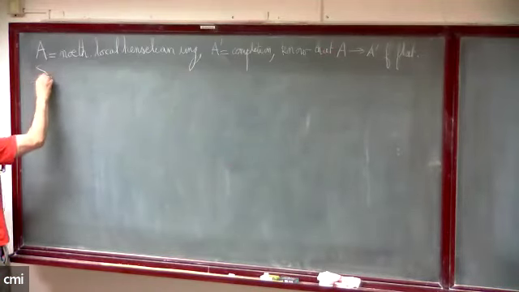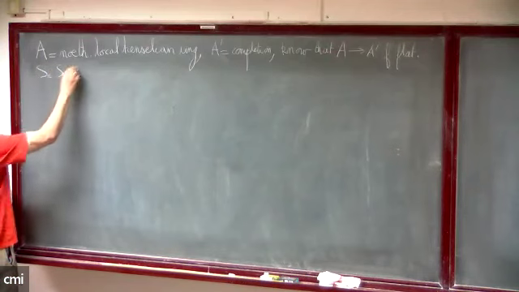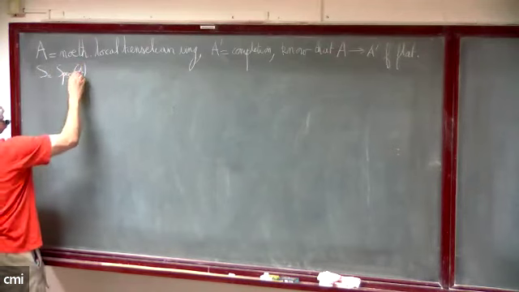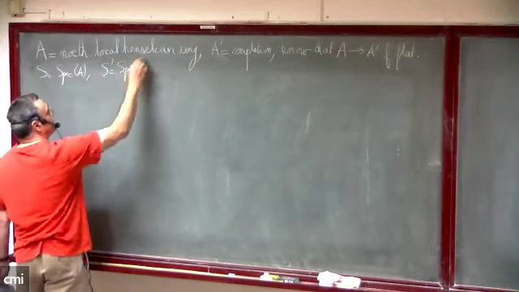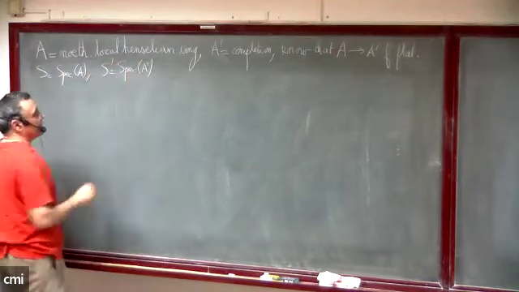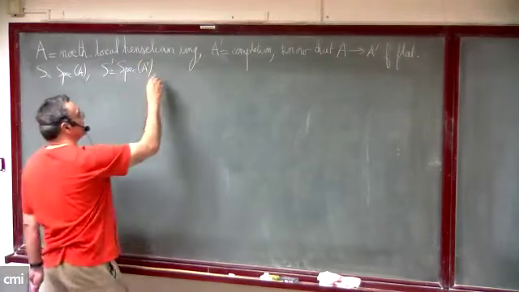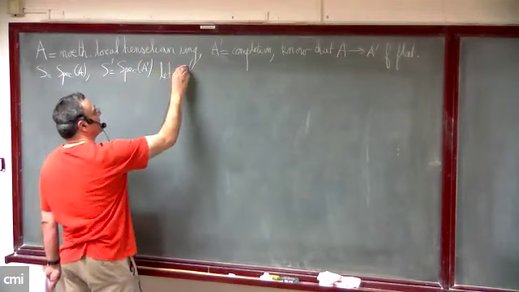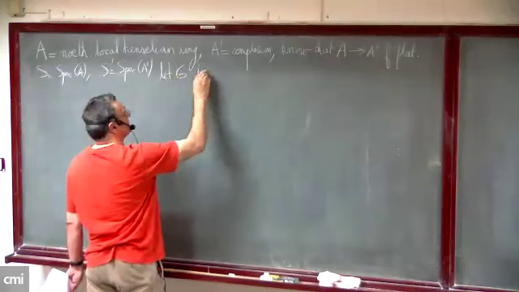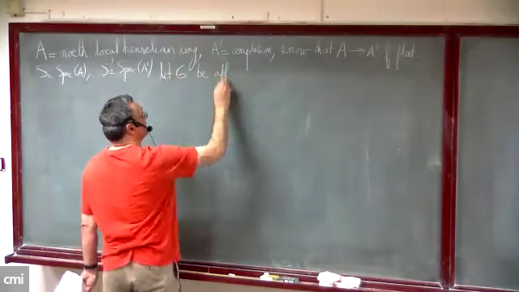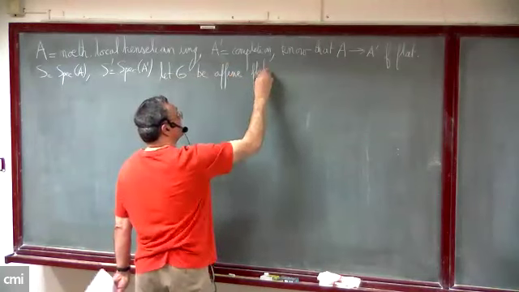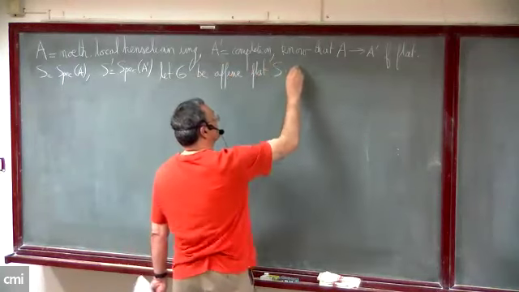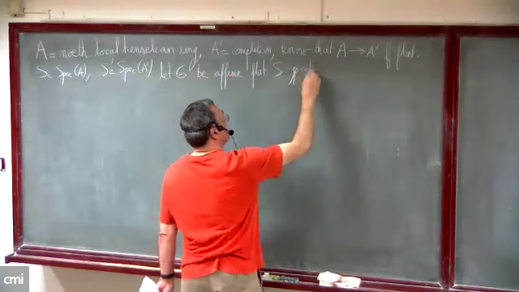So let S be the spectrum of A, S prime is that of A prime. And so the assumption is let G be a affine flat S group scheme.